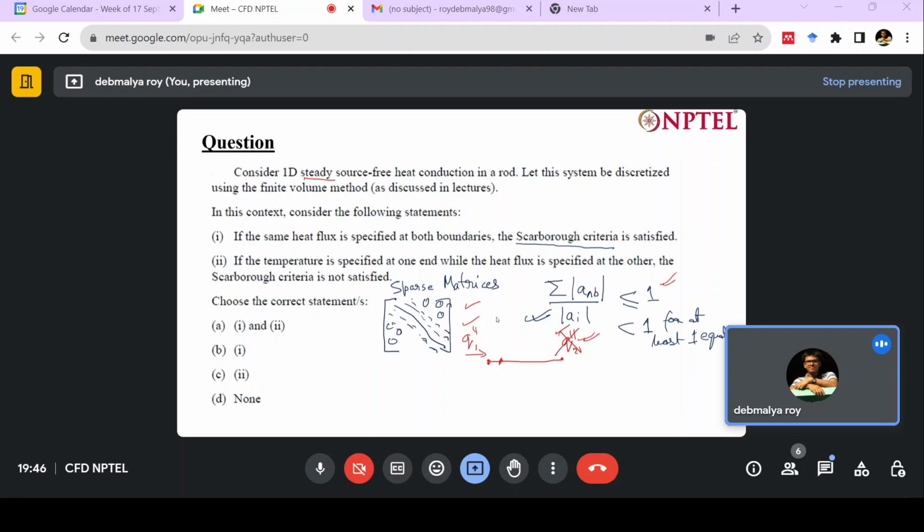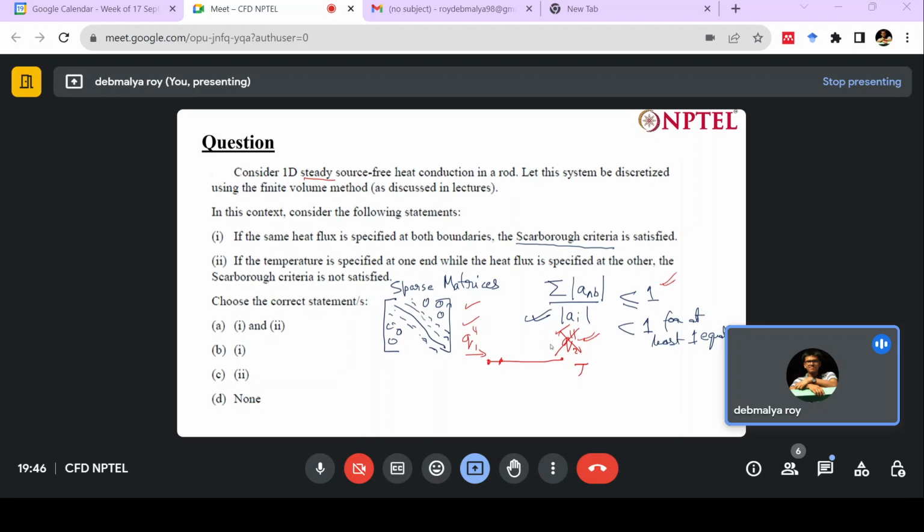Only one. So this is not a physically consistent problem. We must specify a temperature at some point in the domain, from which, using that as a reference, we can find the other temperatures.